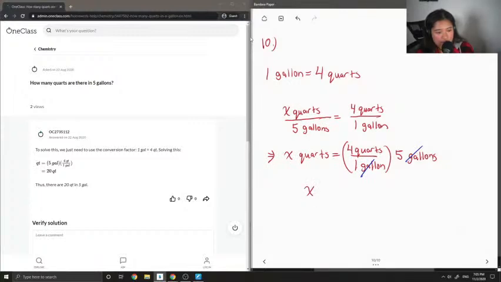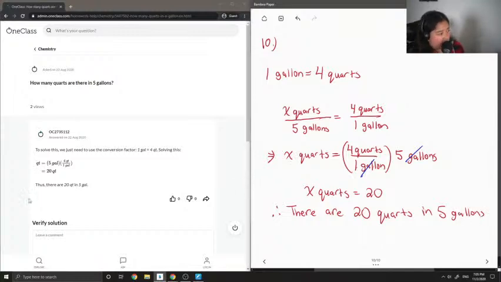And then you get x quarts is equal to 20. Therefore, there are 20 quarts in 5 gallons.